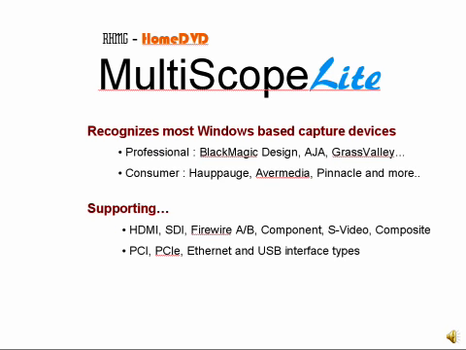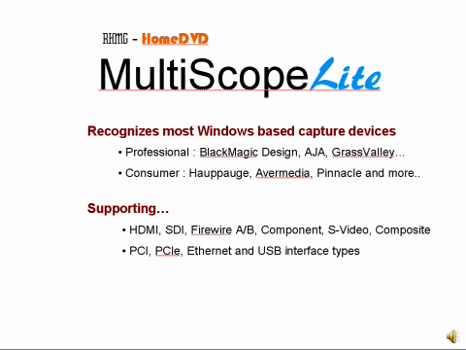Of the many Windows-based video capture devices out there, our product will work with them. It doesn't matter if the video capture device is a PCI card, an Ethernet camera, or a USB camera, MultiScopeLite will in many instances connect to it.